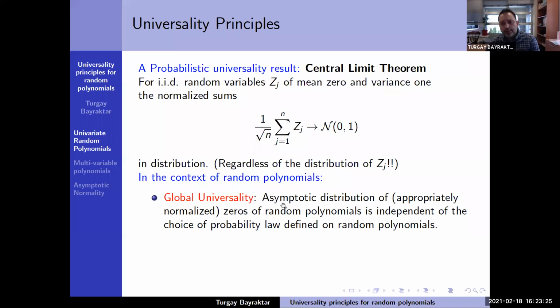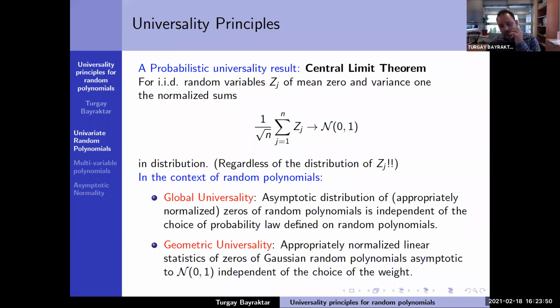Here, the asymptotic distribution of suitably normalized zeros of random polynomials when you divide by n is independent of the choice of the probability law defined on the random polynomials, if you remember this theorem of Ibragimov and Zaporozhets. So that's a global universality result because the limiting object does not depend on the probability law of the coefficients.